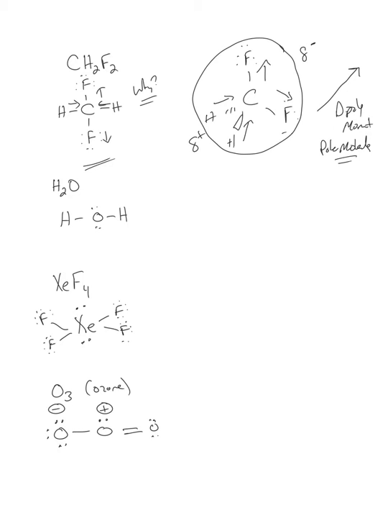Water, same thing. If you look at the Lewis structure, you think the hydrogens, because they're both pointing to the more electronegative atom, would cancel each other out. But again, we have to draw the actual VSEPR structure. Water, just like CH2F2, has a 109.5 degree geometry because it has 4 electron domains, just like the one above.